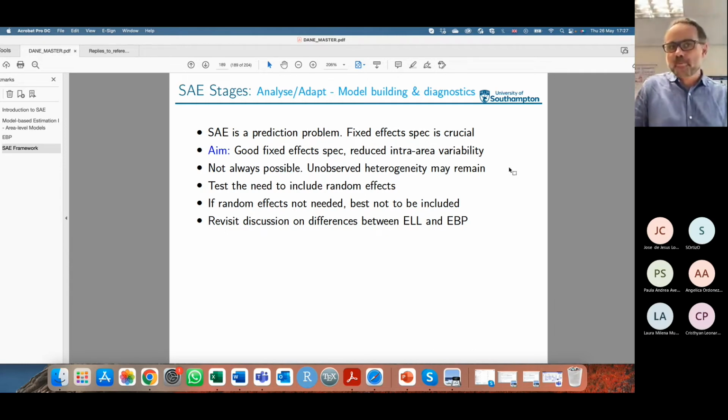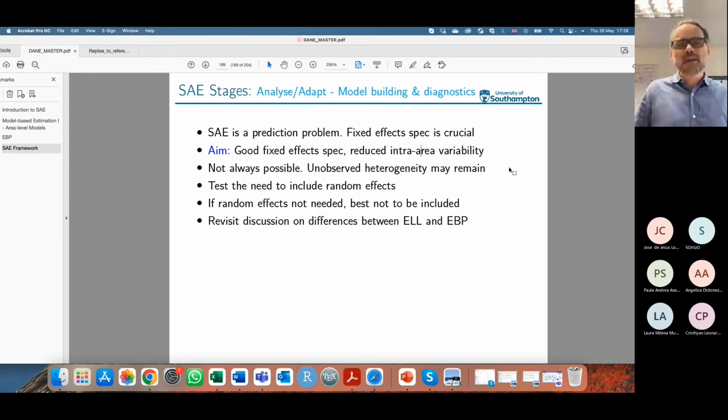But if you have significant unexplained between area variability, then including the random effect is important. If the fixed effects part of the model, or whatever algorithm you're using, explains a lot of that between area variability, then you may not have to include a random effect. However, it is important to consider whether a random effect is required or not. And in the literature, there are methods that allow you to test for the inclusion of a random effect under specific models.